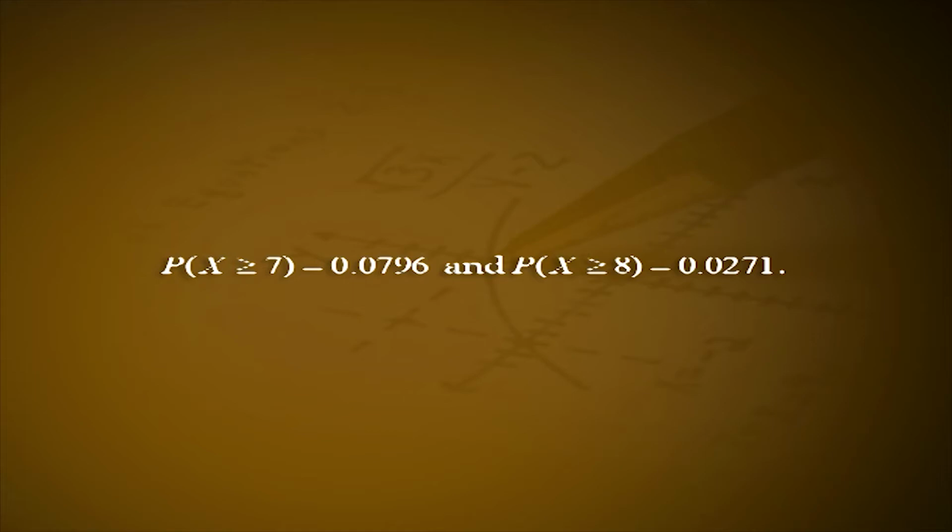P of X greater than or equal to 8 equal to 0.0271. Hence, the minimum value of x such that P of X greater than or equal to x is less than 0.05 is 8. Therefore, the passing score such that the probability of passing a student who guesses on every question is less than 0.05 is 8.